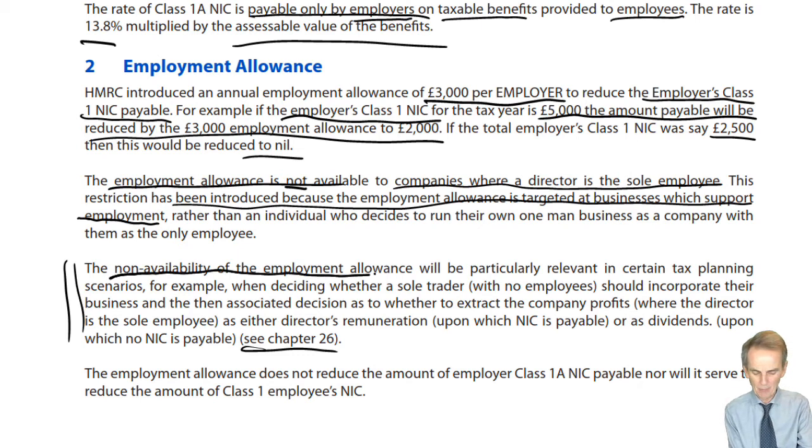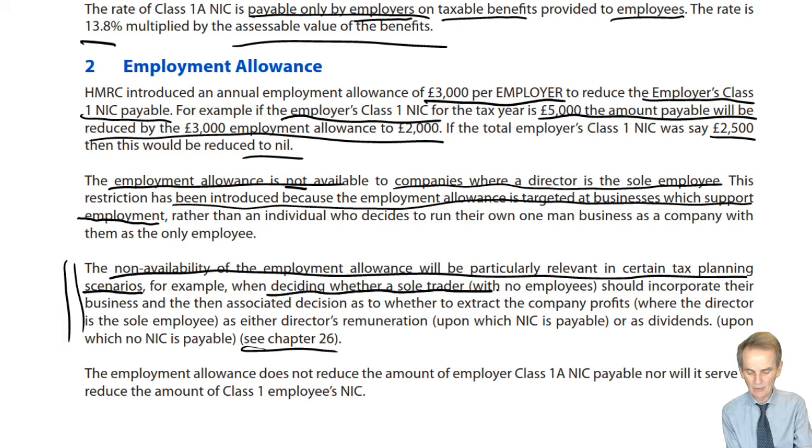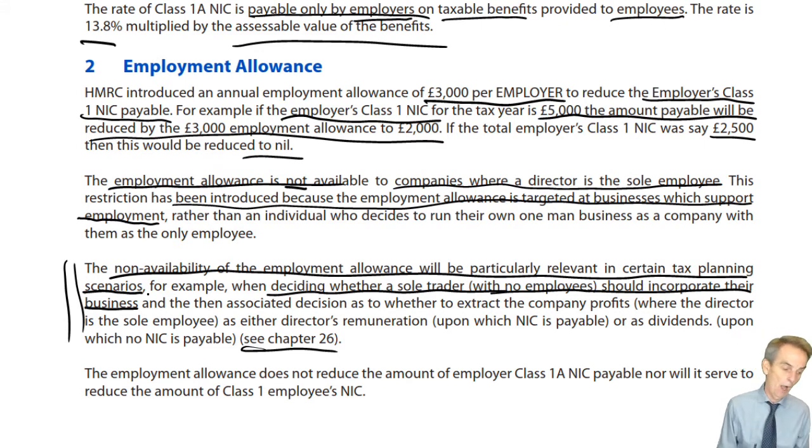So the non-availability of the employment allowance will be particularly relevant in certain tax planning scenarios. For example, as we've just said, when deciding whether a sole trader with no employees should incorporate their business. Should I continue to operate or should I set the business up originally as an unincorporated trade, a sole trader, or should I incorporate either at the very beginning when you start to trade or at a later point in time?